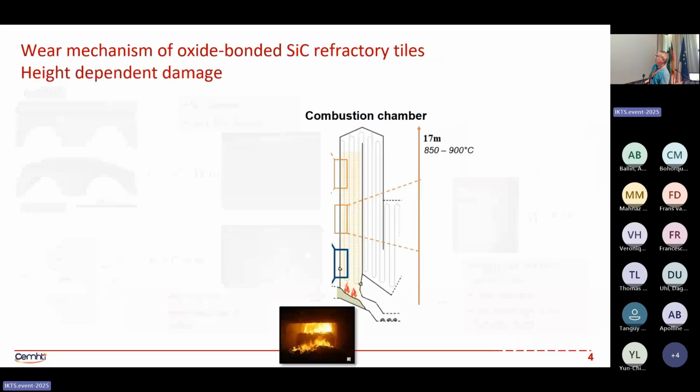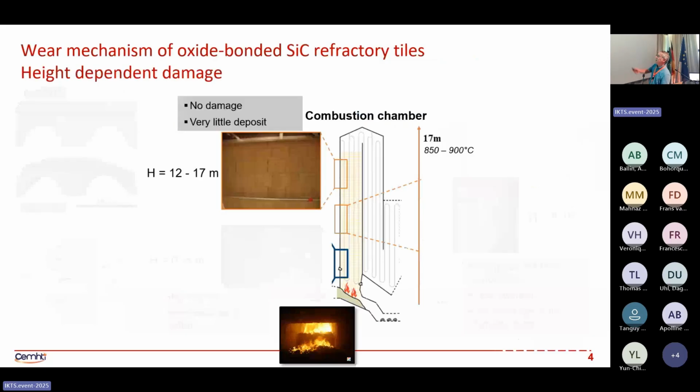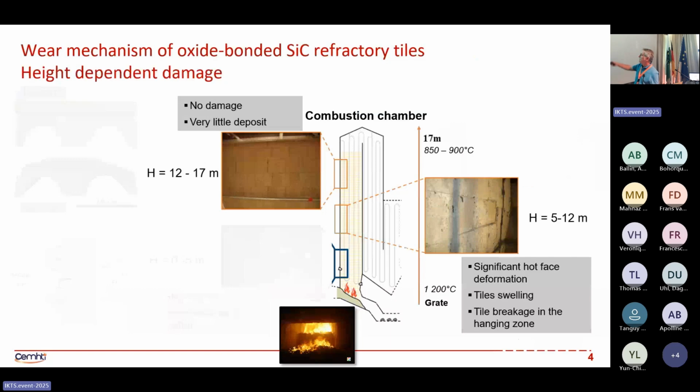Okay. I skip because Jacques already presented it. But to have an overall idea of what it is about, on the top, no reaction. You can keep these tiles 5 years, 10 years if you want. Okay. In the middle, this is the example Jacques showed you. So there are some difficulties with the wear of the tiles, and you have to change them maybe every 2-3 years.